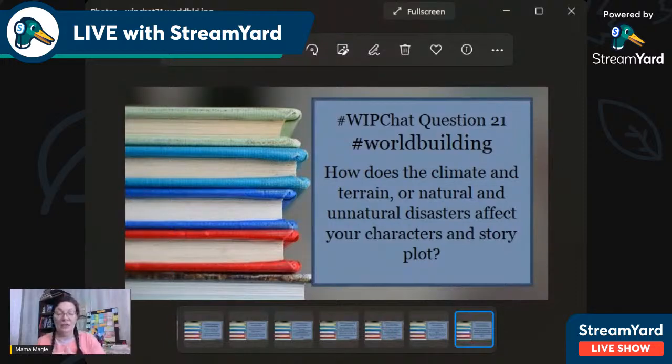Terrain and climate can deeply affect how characters in a story live, how they work, how they fight, but it also increases the immersive value of your story, giving the characters more than just a landscape to move through.